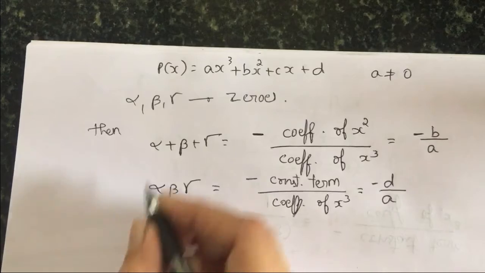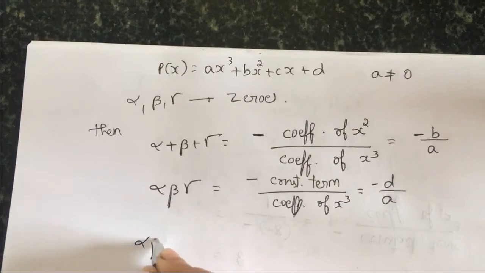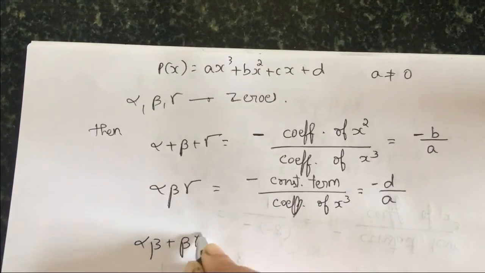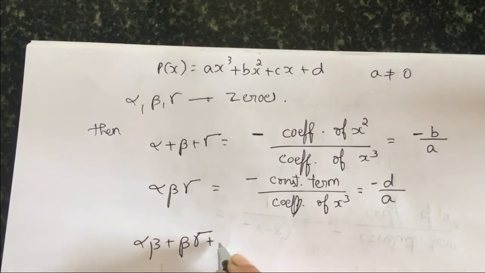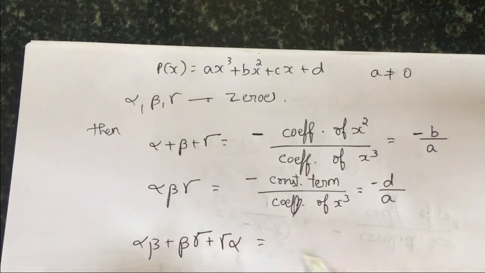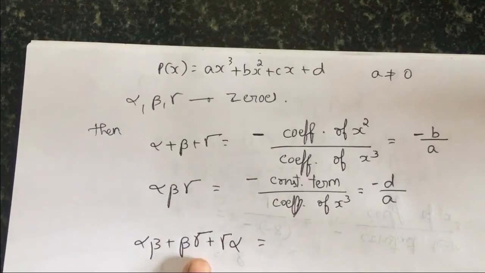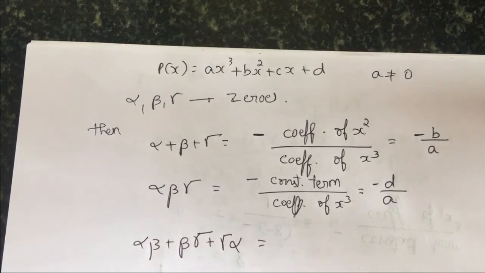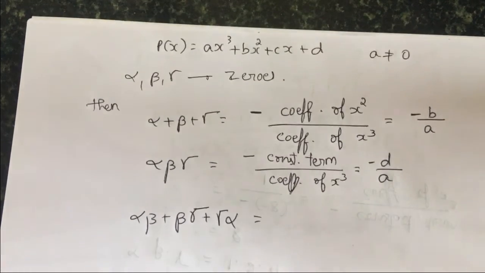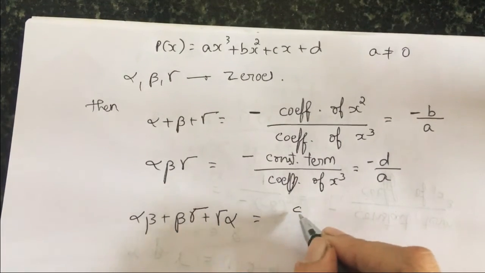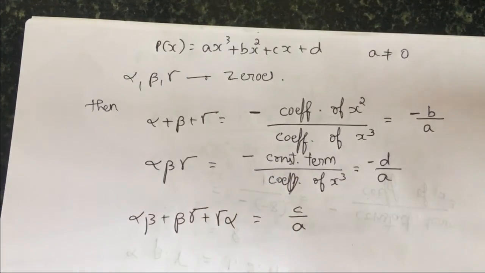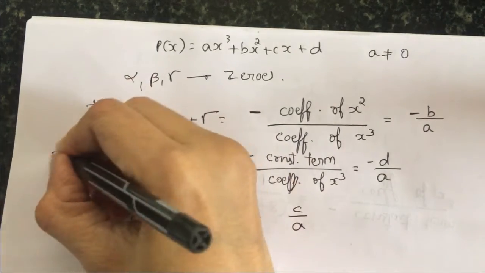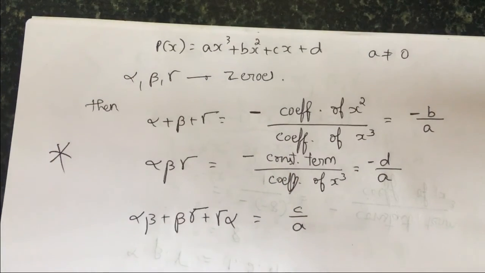That is alpha into beta plus beta into gamma plus gamma into alpha. The sum of products of zeros taken two at a time is nothing but c by a. Okay, this is very important. You must remember this in case of a cubic polynomial.